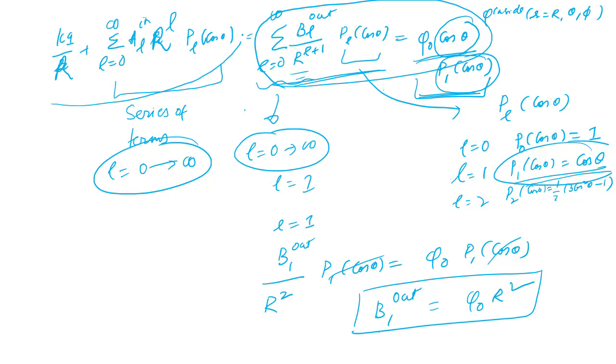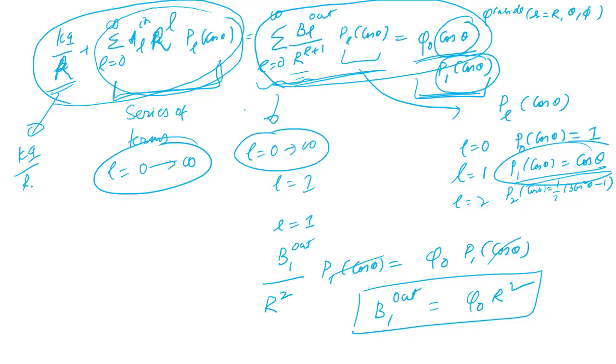And inside is a little more than just L equal to 1, because in addition to having the summation over L, we have an extra term KQ by R. This is coming from the point charge inside the sphere. Right? So if I look at this part, I'm going to show it in red. If I look at this part, equating it to this part, I'm going to write that on the next slide.